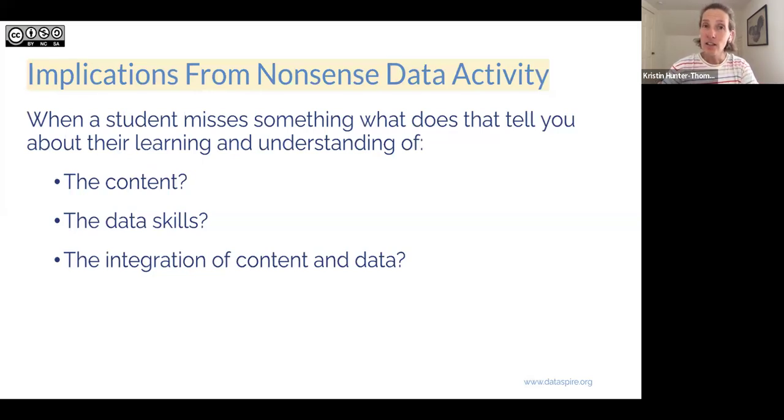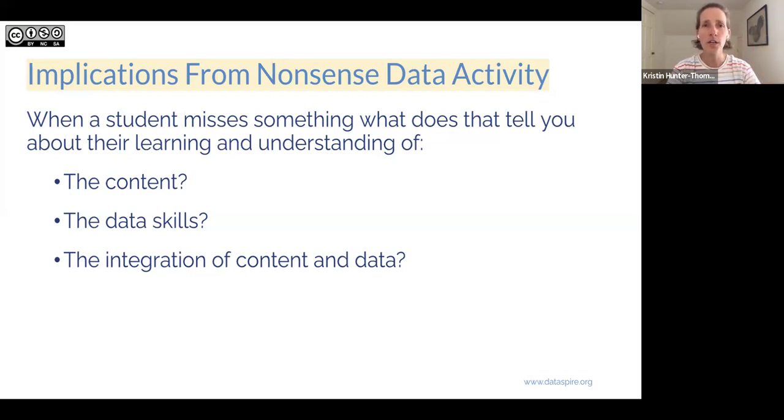But here's the deal. For our novices, maybe they fully understand the content, but they don't have the data skills on how to describe and analyze what's going on in the data, how to infer meaning from it, how to interpret the data in context. Those are data skills they are missing that are necessary for answering the part B questions. Or they might have the data skills and understand the content, but they're not sure how to connect those together.